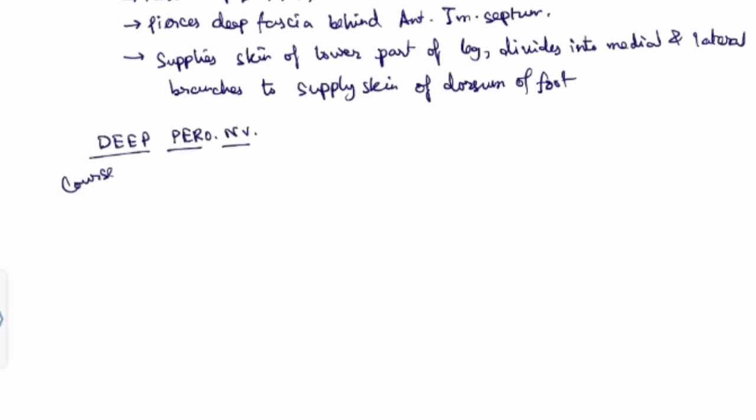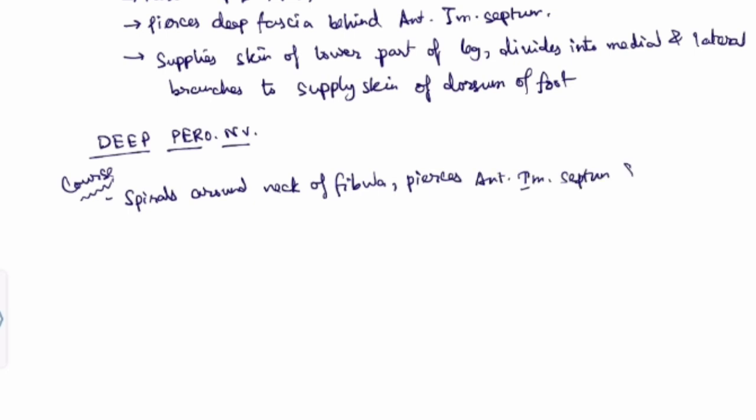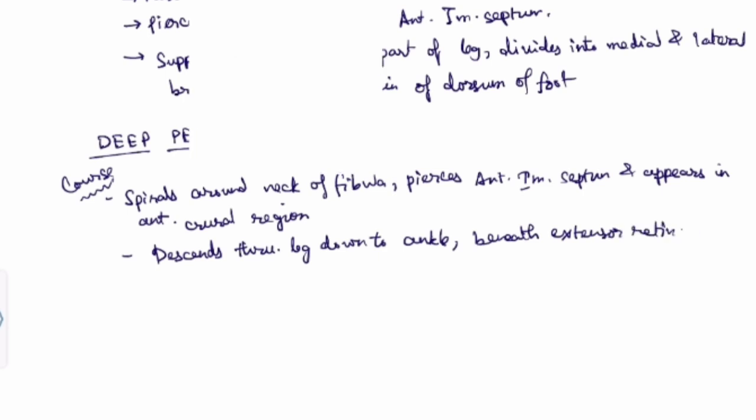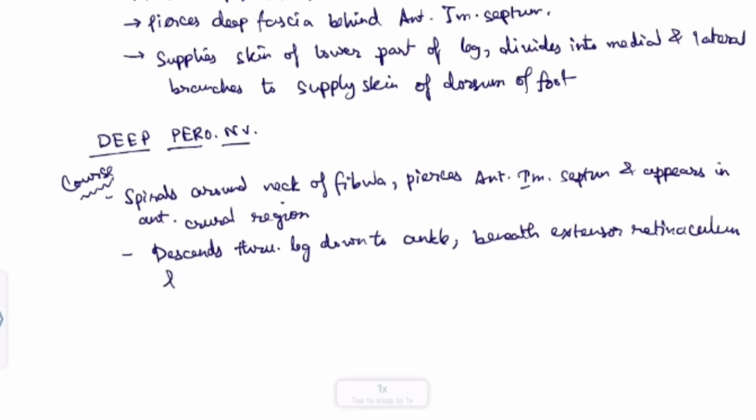We write about its course. Spirals around the neck of the fibula, pierces the anterior intermuscular septum, and appears in the anterior crural region. It descends through the leg down to the ankle, beneath the extensor retinaculum, and divides into medial and lateral terminal branches.